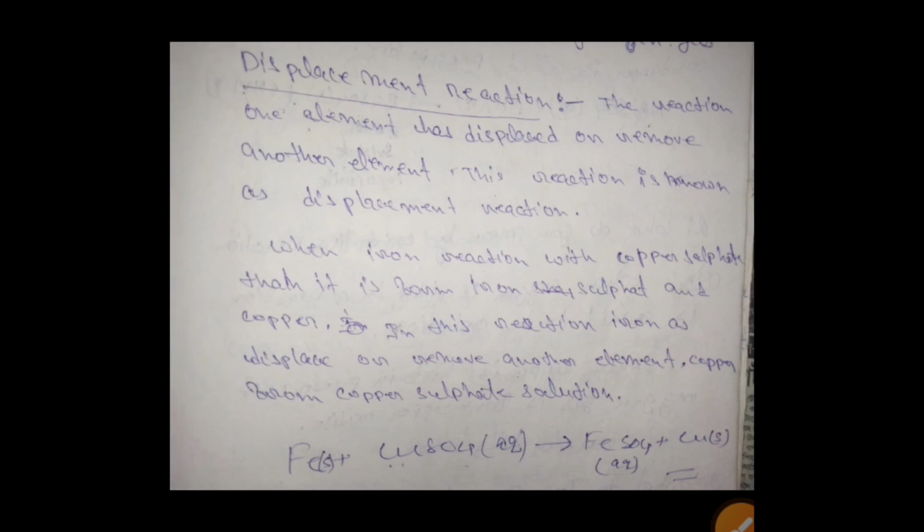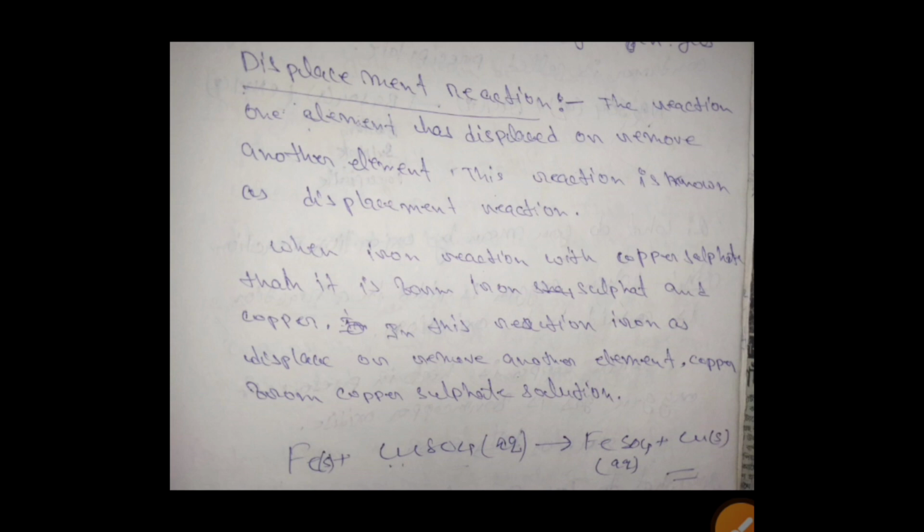Displacement reaction. What do we mean by displacement reaction? A reaction in which one element displaces or removes another element is known as a displacement reaction. That means there is a displacement of one element by another, then it's called a displacement reaction.